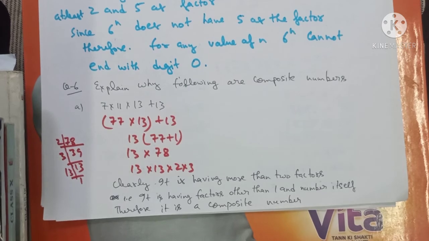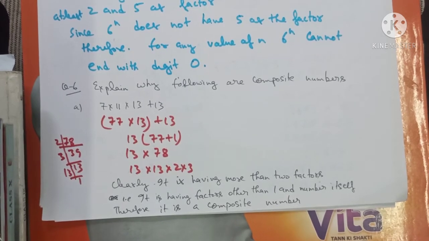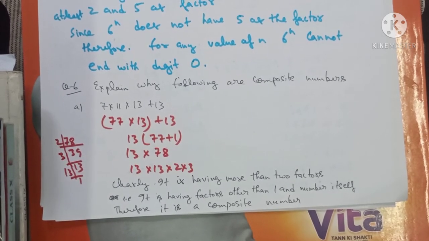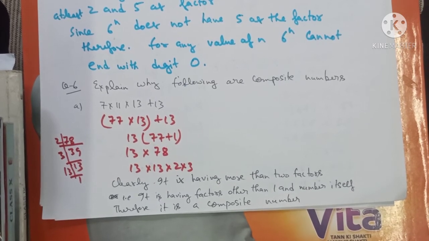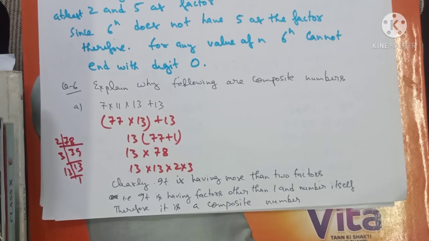Composite numbers are those numbers which are having more than 2 factors. So it is having so many factors, so it is a composite number.